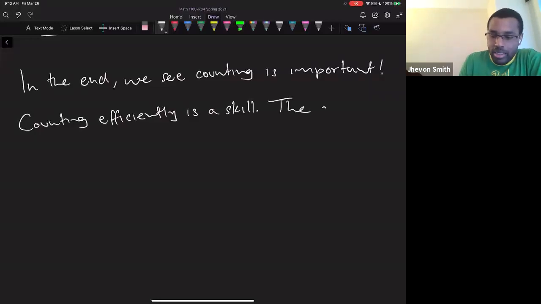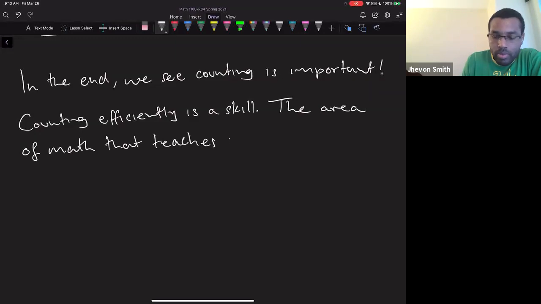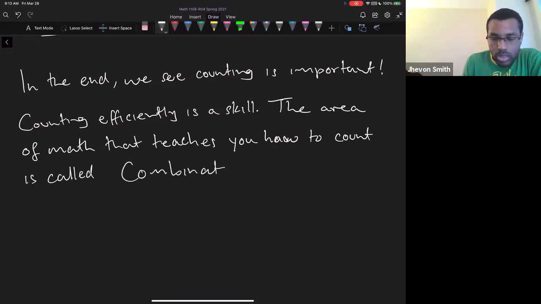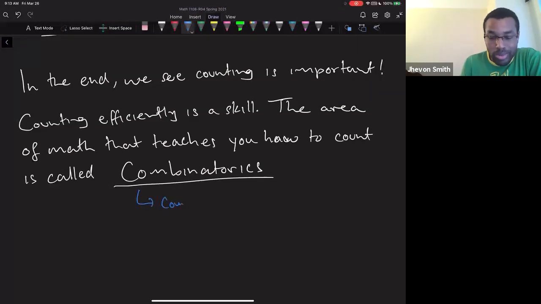The area of math that teaches you how to count is called combinatorics, which is basically the study of counting without actually counting.